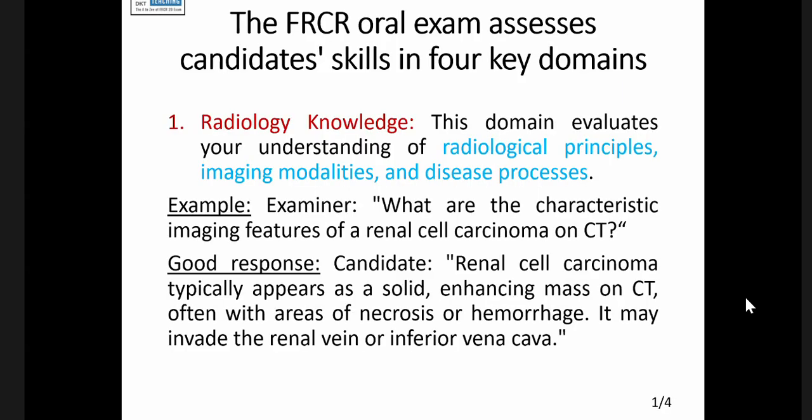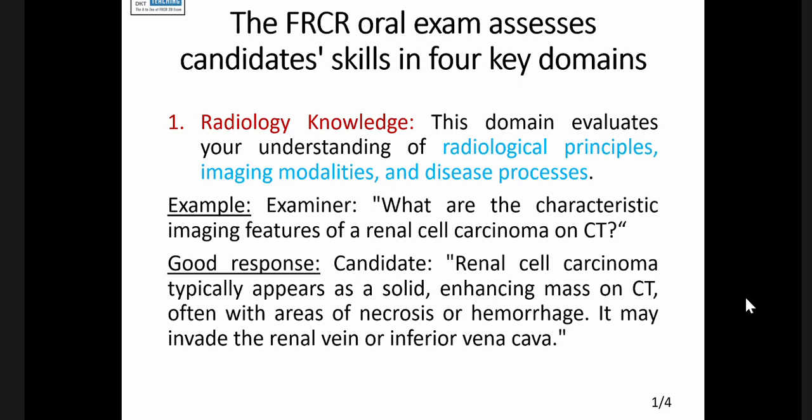So there are many hypothetical examples, but I don't want to go into details of the terms radiology knowledge and the other four terms. But just to give you an idea, radiology knowledge means understanding radiological principles, imaging modalities, disease processes. So, for example, if the examiner asks you, how does a renal cell carcinoma look?